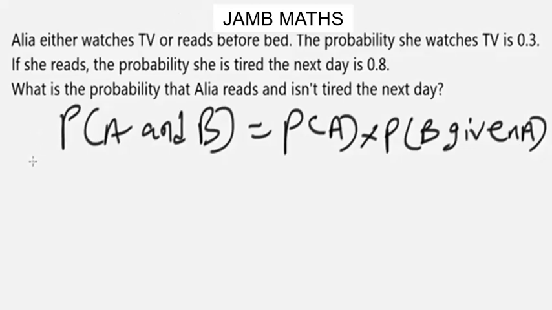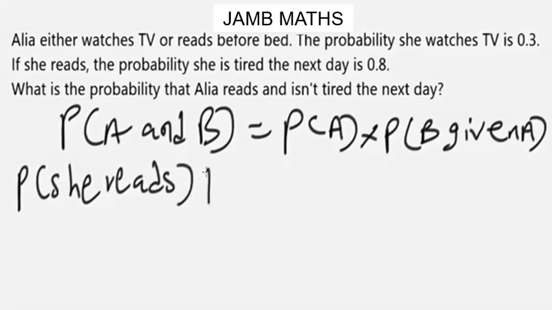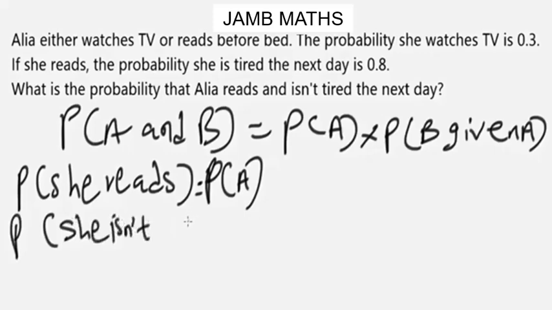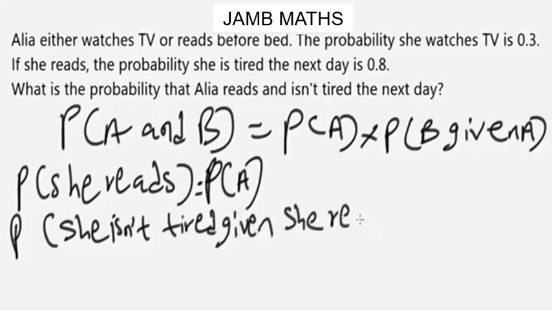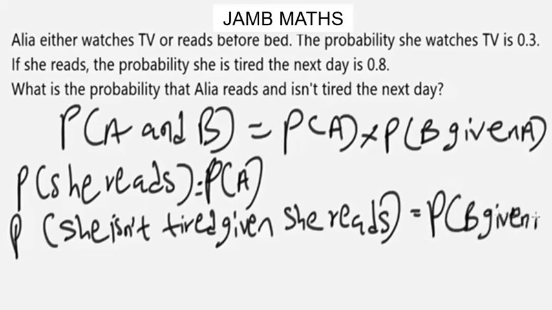So we are going to label she reads as our event A, and the probability that she isn't tired given she reads will be the probability of event B happening, given that A happens. B given A.